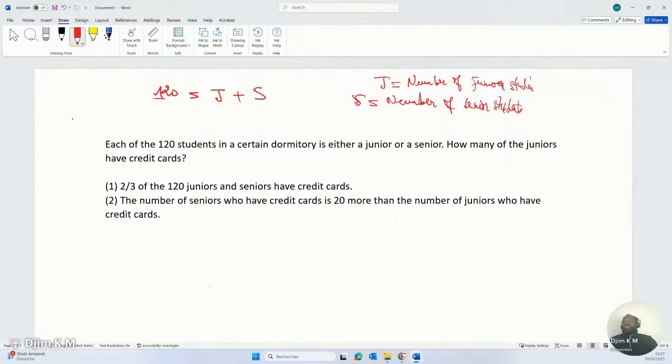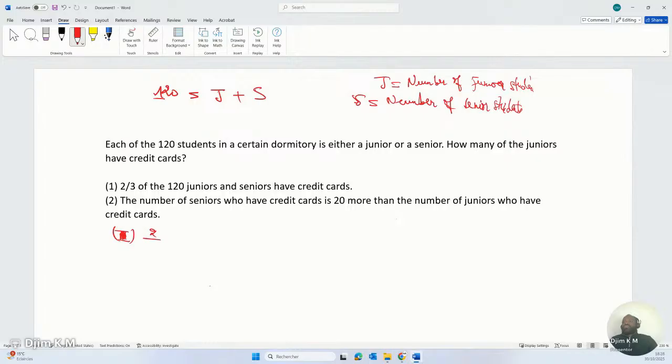So the first condition says two-thirds of the 120 juniors and seniors have credit cards.